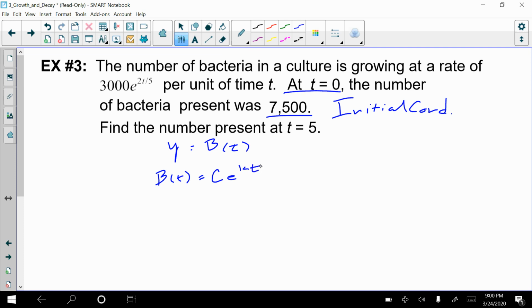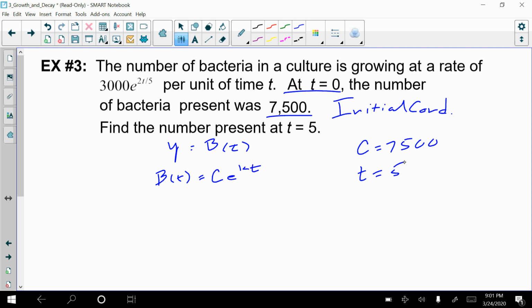Now we know that the initial conditions were 7,500. That is C. At time 0, that's what you start with. We know that we're looking for time at 5, and really that's all we need in order to be able to answer this question.